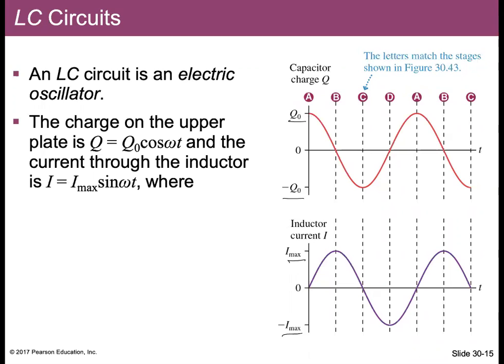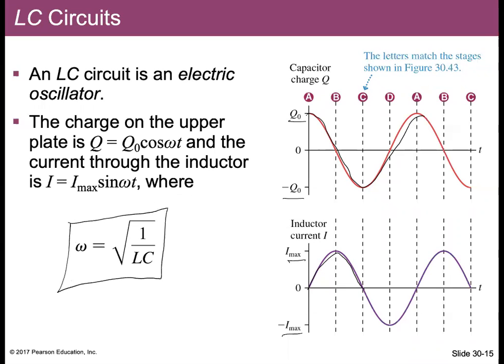We can see that it's a function of cosine. And the current through the inductor is a sine function, equal to I max sine omega t, where omega is equal to the square root of 1 over LC.